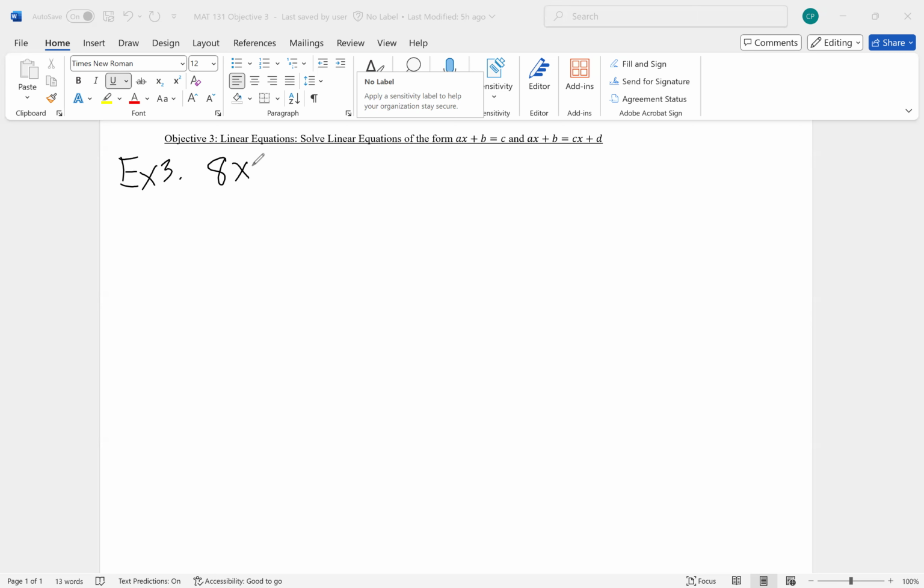So we got 8x plus 6 minus 3x equals 4x minus 7. All right. So we're going to look at the left and the right side, make sure both sides are fully simplified, okay? On the left side, we got two things that can be combined, the 8x and the negative 3x.